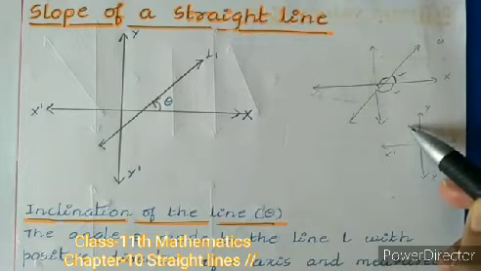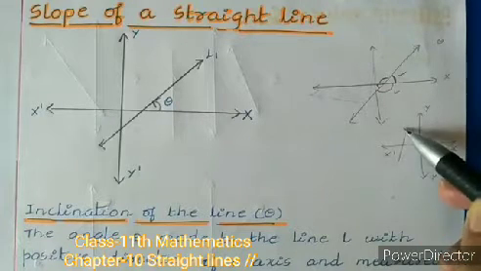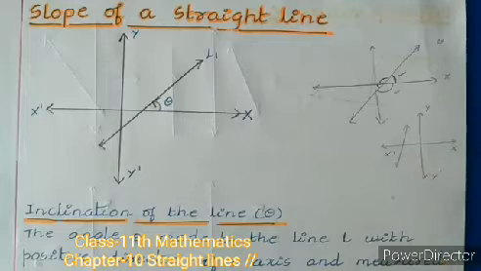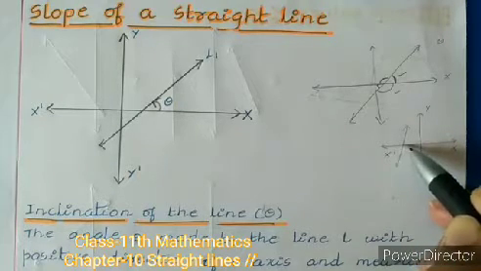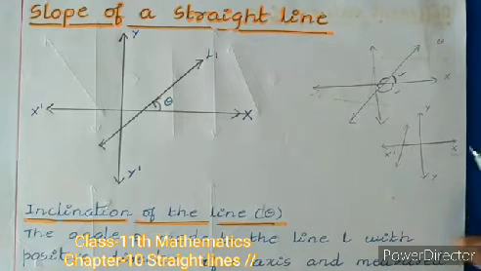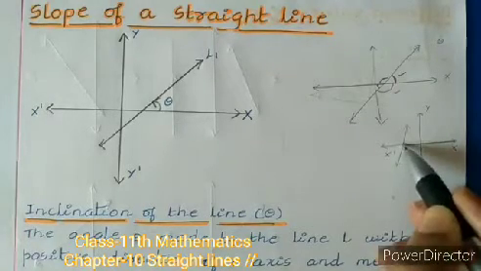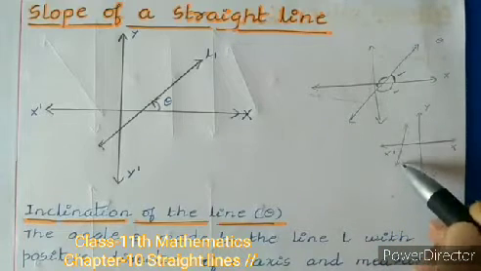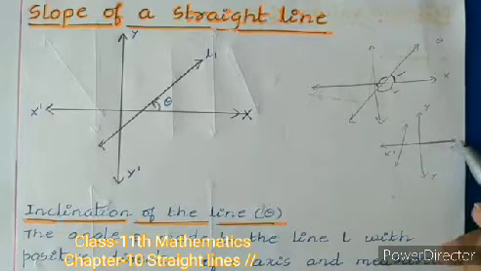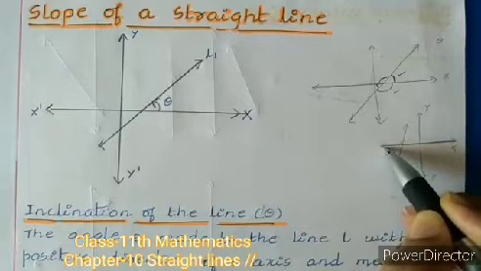Suppose you have one line on the xy plane, that is on the Cartesian plane. Now in this case the positive x direction is this one, that is the right side movement. Then left side movement becomes the negative direction. So for this line, this becomes the positive direction and this becomes the negative direction.